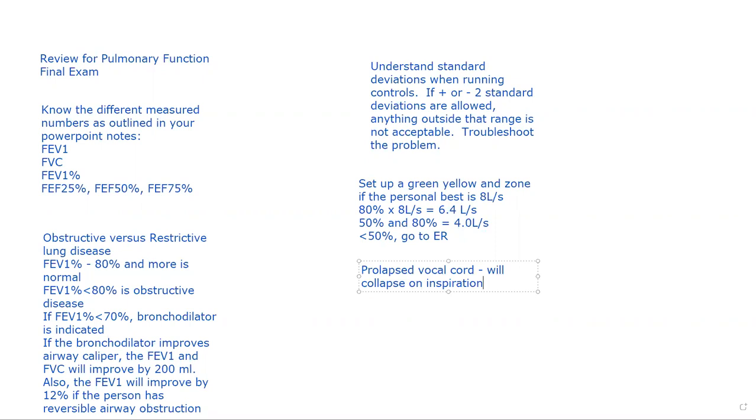As we breathe in, a prolapsed vocal cord is not functioning, it's just laying there and gets in the way. So we breathe in and it sucks in the outside of the thorax and makes inspiration difficult. But on exhalation, it opens up. So on our flow volume loop, we will see a decreased inspiration.